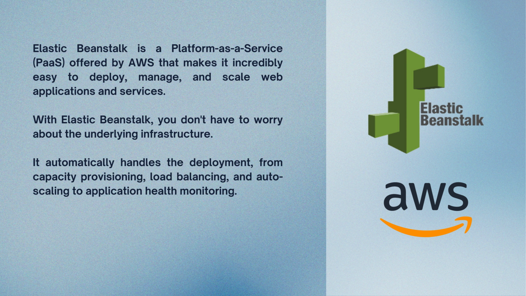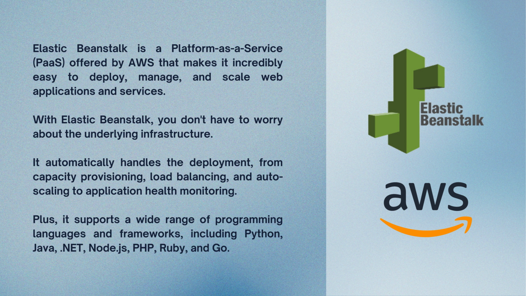It automatically handles the deployments, from capacity provisioning, load balancing, and auto-scaling to application health monitoring. Plus, it supports a wide range of programming languages and frameworks, including Python, Java, Node.js, PHP, Ruby, and Go.